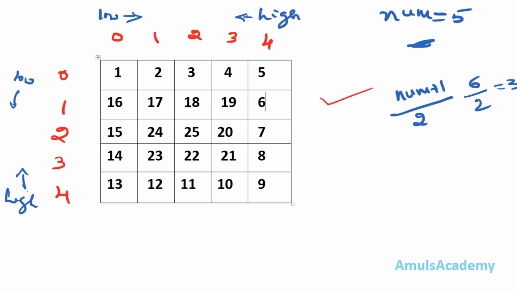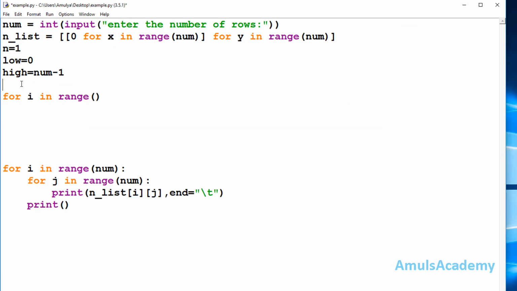That's what we want here, right? When the num value is 5, I want the for loop to execute thrice, when i is equal to 0, 1 and 2. So here I'll take another variable called count and I'll write num plus 1 divided by 2.